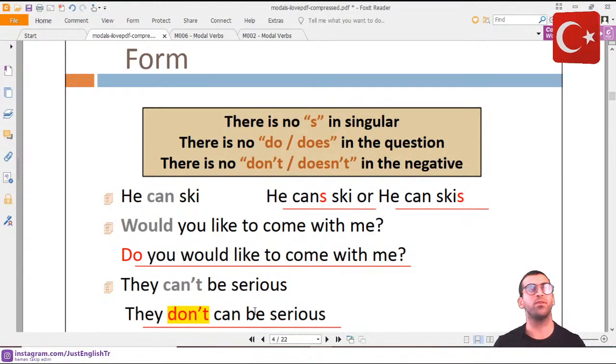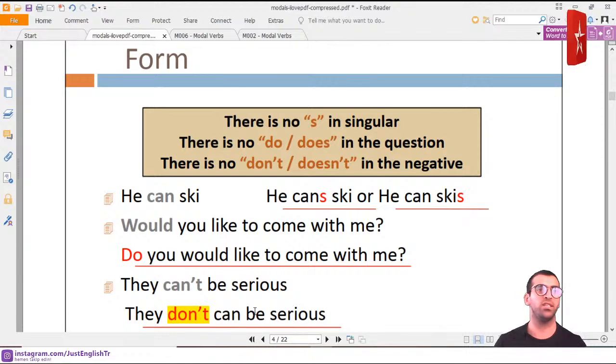And the second way of using could is the past form of can. For example, I can play the piano, and I can say I could play the piano when I was a child. We can only use could in the meaning of possibility and ability in the past tense. For example, I could go, it's the possibility.